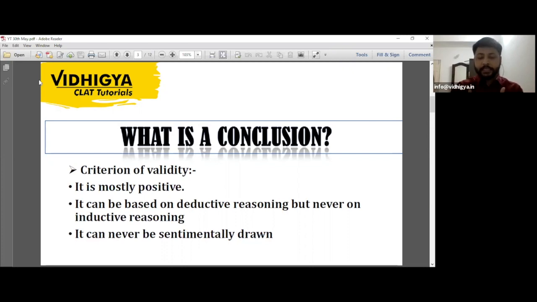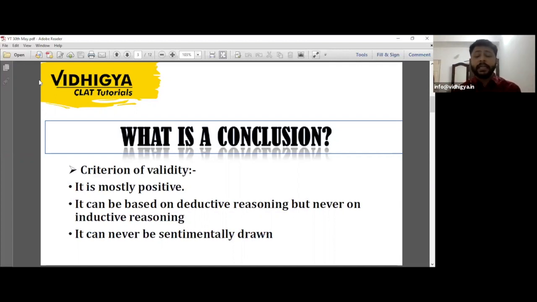If this is something which I don't assume, then how will I be able to communicate with people? So conclusions and assumptions have relevance to each other. When you talk about conclusions, you have to be very well aware of the assumptions. This is the basic defining part of it.